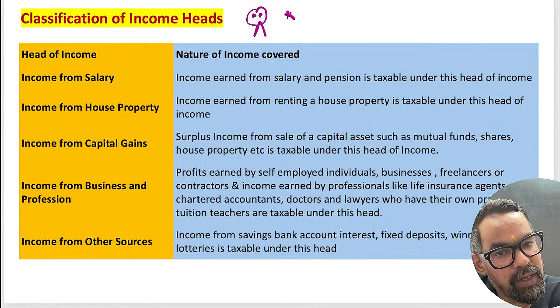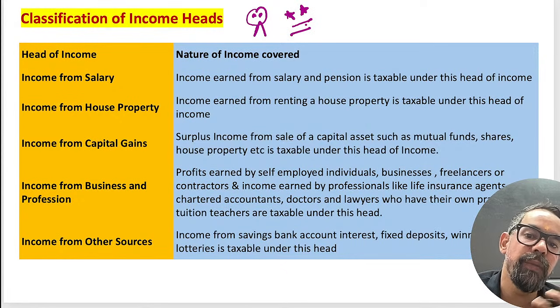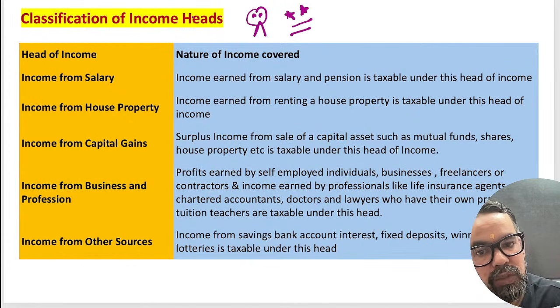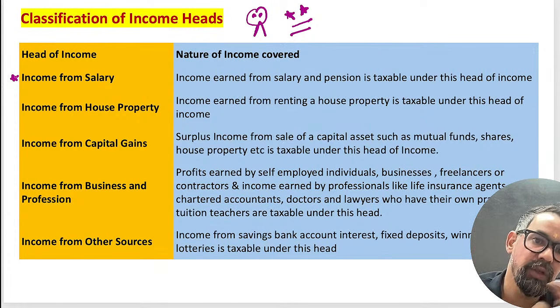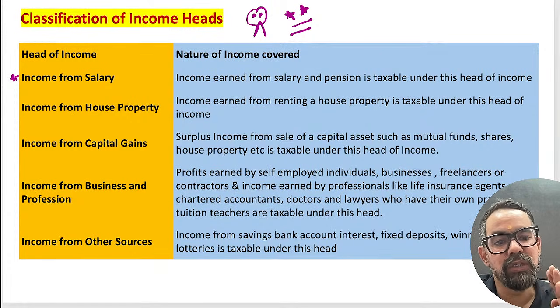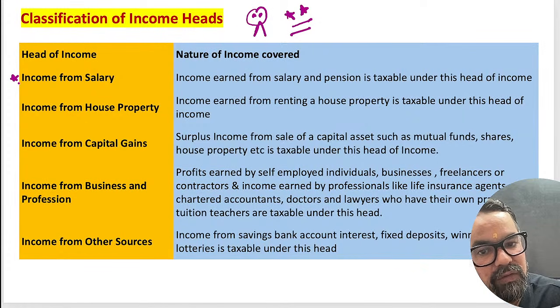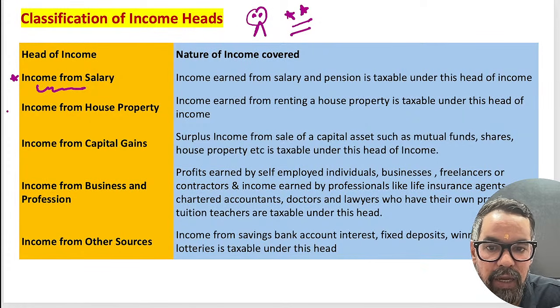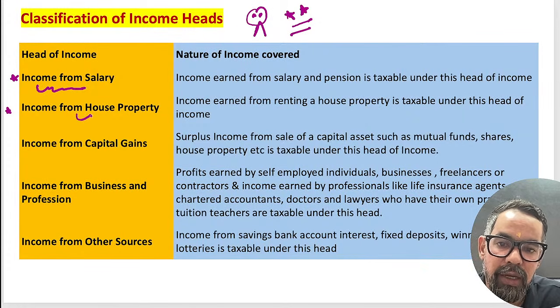This gets asked many times. They'll give you one small case and ask which head of income it will come under. The 5 sources: first, income from salary, which we get from salary; then house property, rental income.